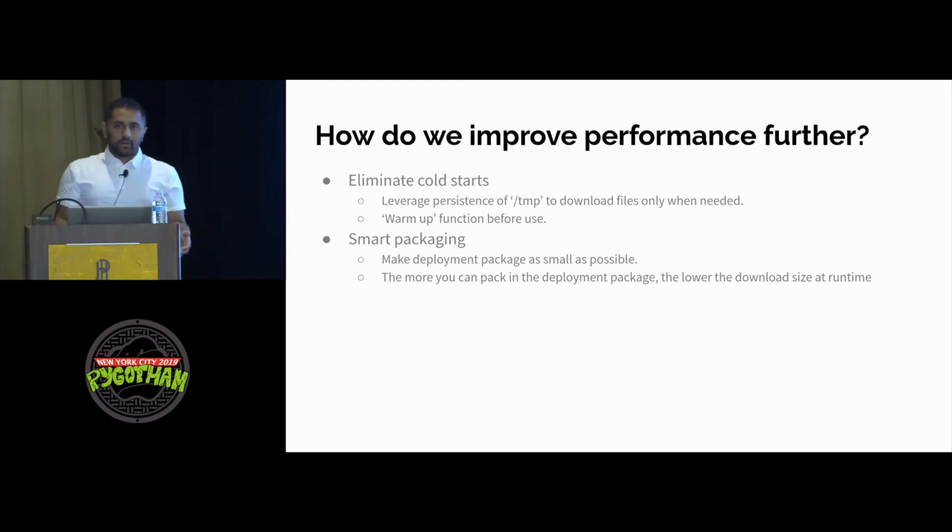But if you know what you're doing, you can really leverage them to do good stuff. For example, if you write values to temp and the function exits successfully, the next time it's called, whatever you've written to temp will still be there. And that is because of how Lambda works behind the scenes.